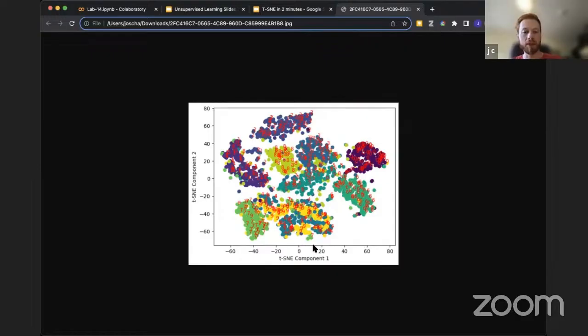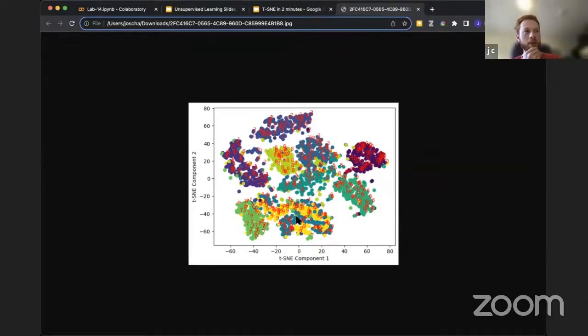Okay, coming back to this plot, where we see the numbers. And you can see that the 4s, and the 9s, and the 7s are kind of, well, the 7s are mostly here, but some 7s are in there. 4s and 9s are quite merged together.